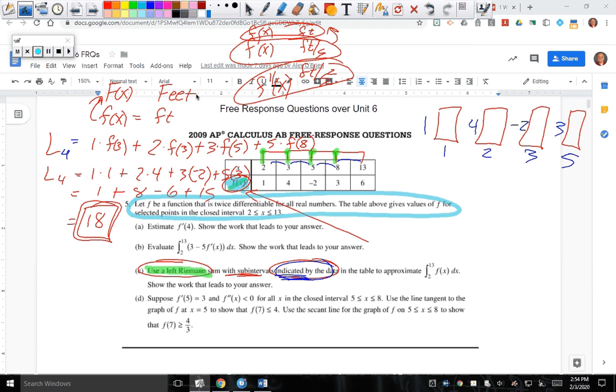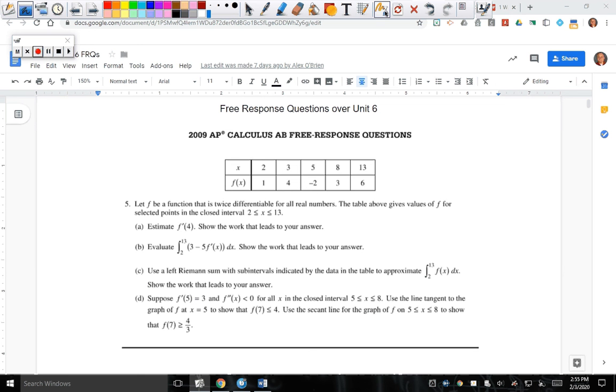All right. Let's go with D. Okay. So D is looking at, suppose f prime at 5 is 3. And the second derivative is negative for all x in the closed interval from 5 to 8.